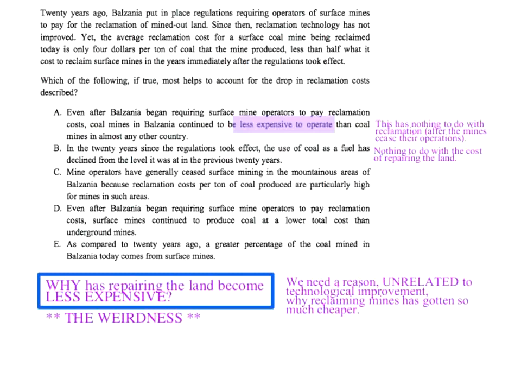So there haven't been mines of the type that are most expensive to reclaim. In other words, the mines that are there now are cheaper to reclaim. This is the correct answer.